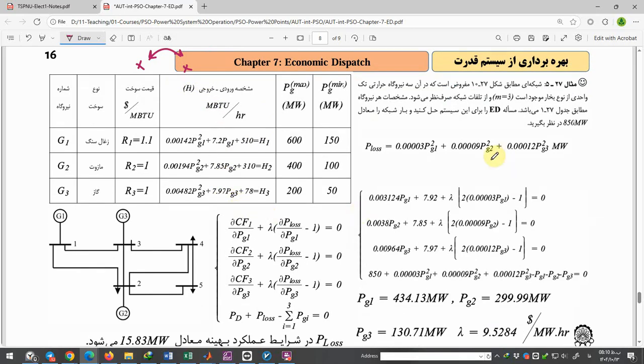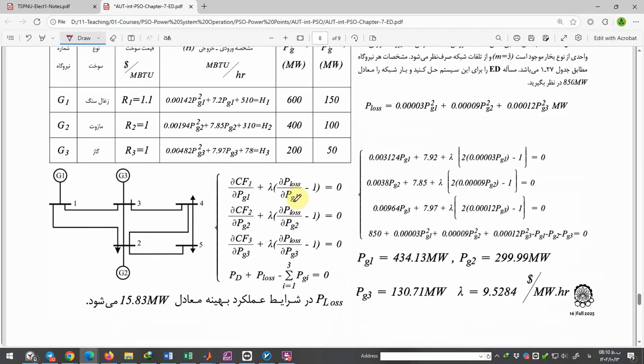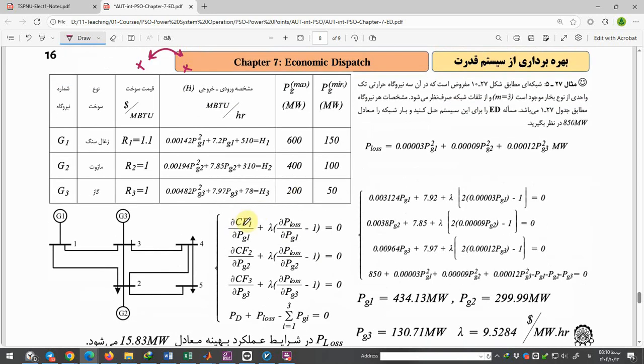After that, you have to consider P loss. According to the last scenario we discussed, the partial derivative of the cost function with respect to PG1 plus lambda multiplied by the partial derivative of P loss with respect to PG1 minus 1 should be 0, and then you add the last equation of power balancing: PD plus P loss minus sigma PGi should be 0.